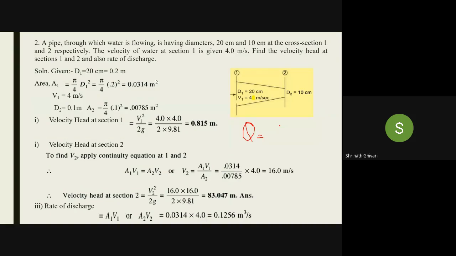Q is discharge, or we also call it rate of flow, which is given in terms of meter cube per second. This is the unit for discharge. Okay.